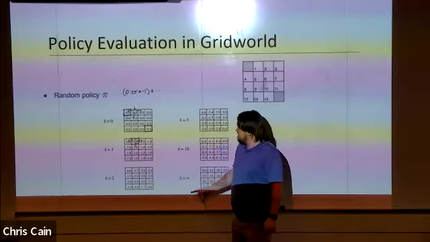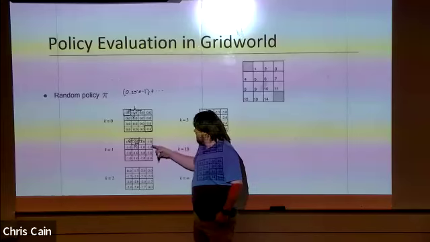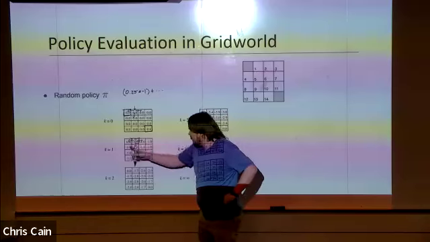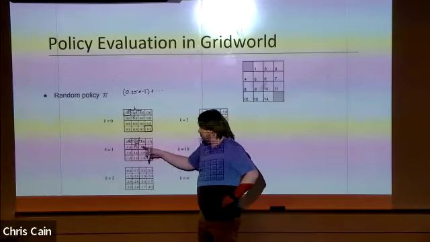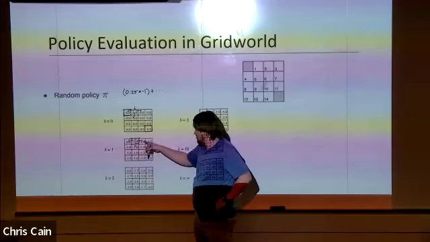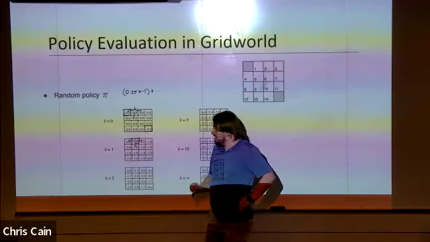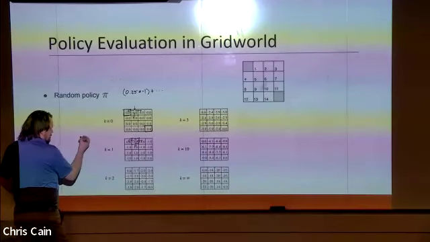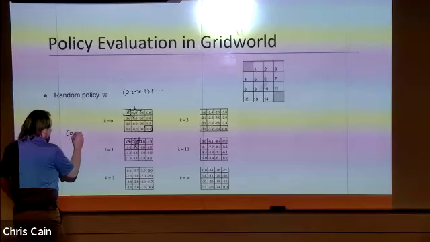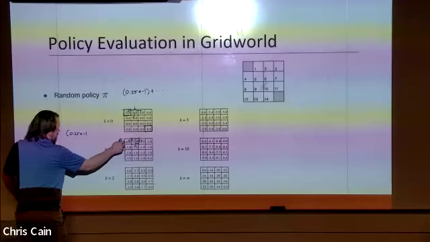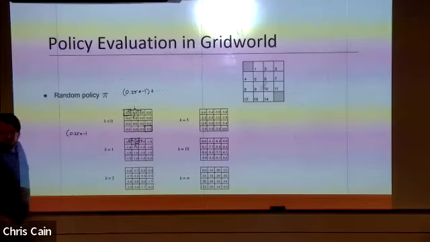But now, instead of taking just the -1, we now have to consider where we end up. Here we end up with a value of 0. Here we end up with a value of -1, -1, and -1. So we could construct this to say, well, with 25% chance, we're going to take one action to get to somewhere that has a value of 0.